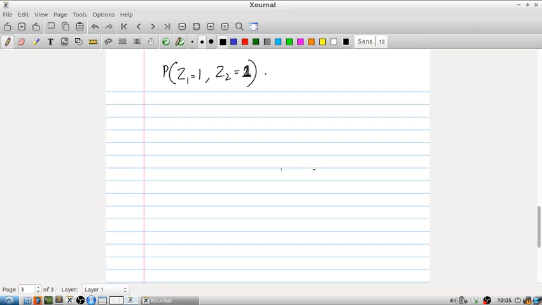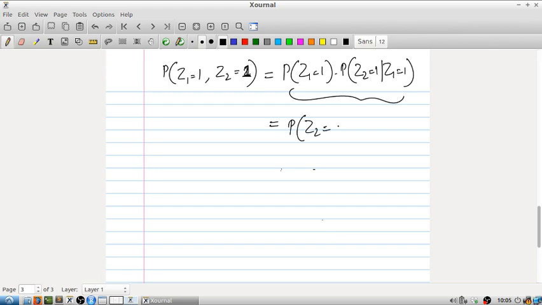The rule that you probably need to remember, or just take for granted, is that this is just the probability of z1 equal to 1 times the probability of z2 equal to 1 given z1 equal to 1. You can do it this way, or it is also true that it's equal to the probability of z2 equal to 1 times the probability of z1 equal to 1 given z2 equal to 1.